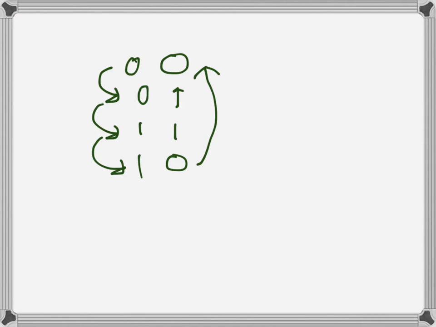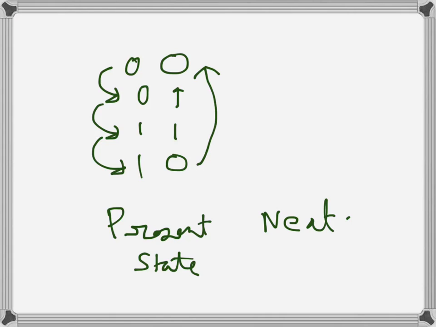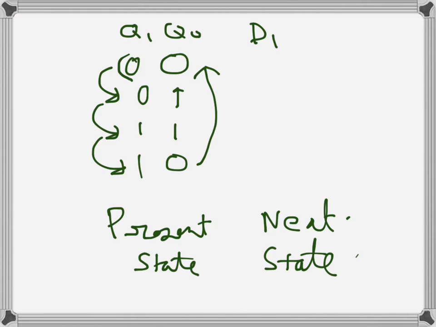Now when we are using D flip-flop, we will identify this as present state, and here we will write the next state for each of the present states. So we write here Q1 and Q0 and D1 and D0.